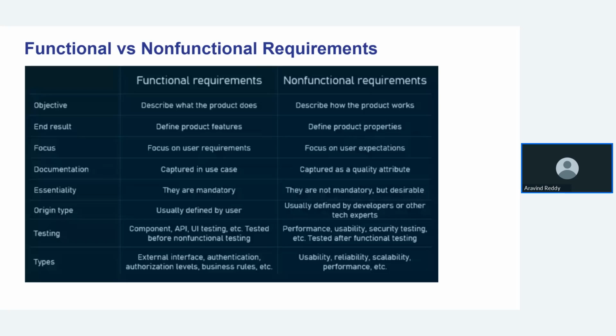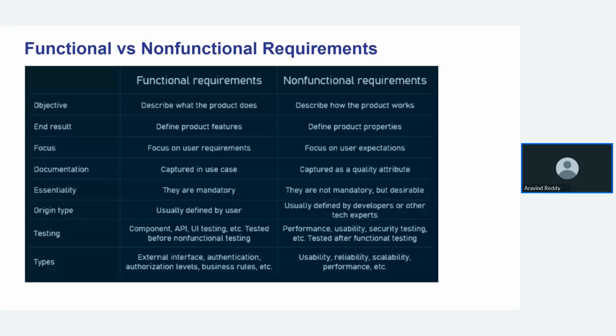Whereas non-functional requirements describe how the product works. Just now we created the buttons of register and sign in. So these non-functional requirements allow the user to understand the difference between sign in and login, right? So it needs to know.